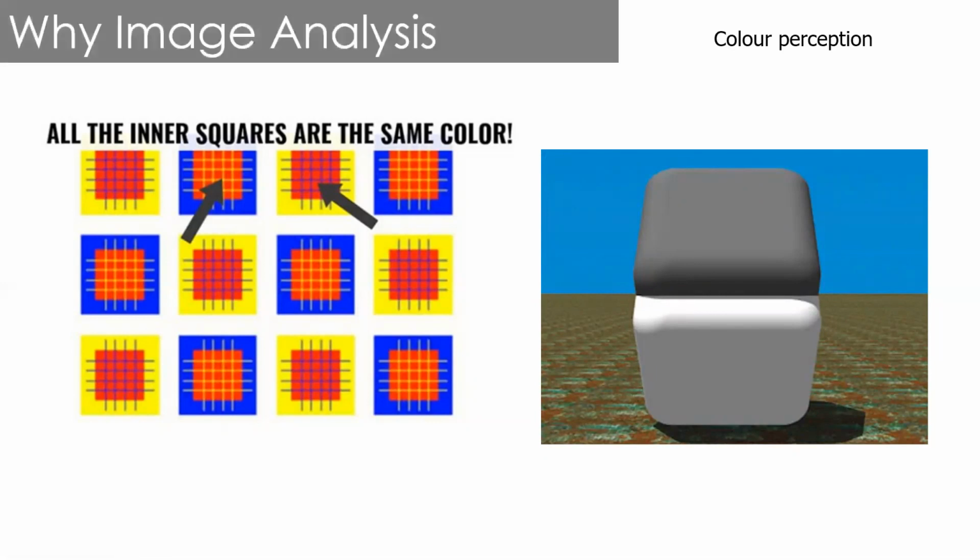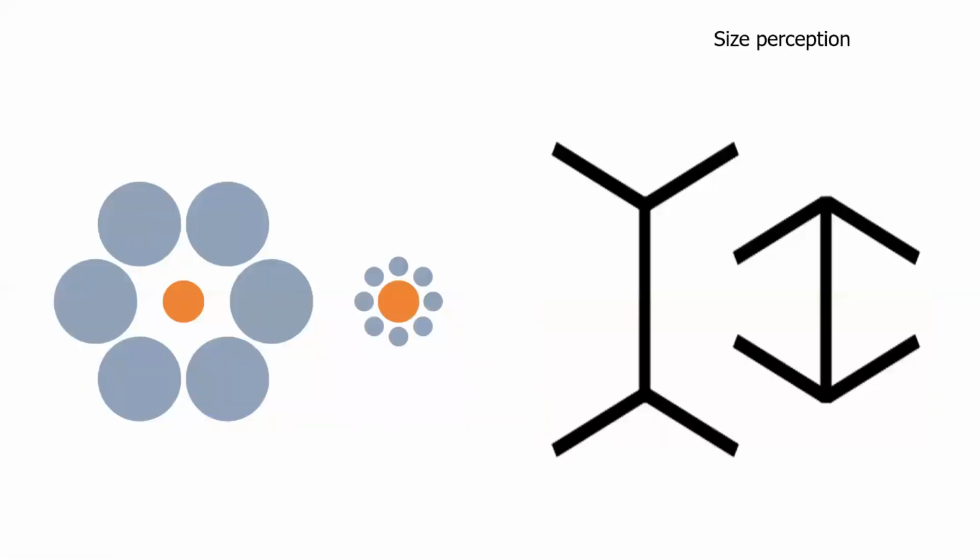Next example: in this picture, if you look at the size of the orange circle, in both the right one looks smaller, but it is not. Both are equal.